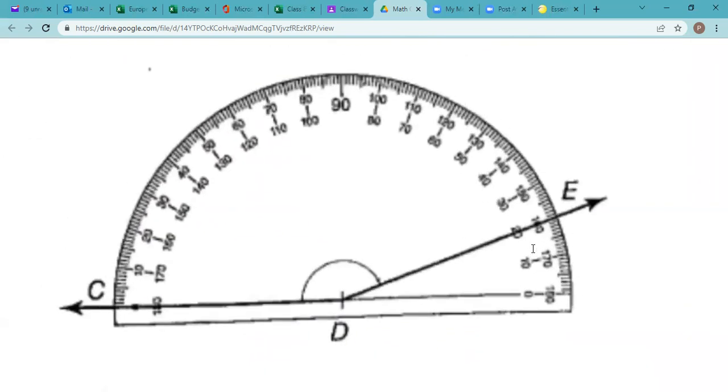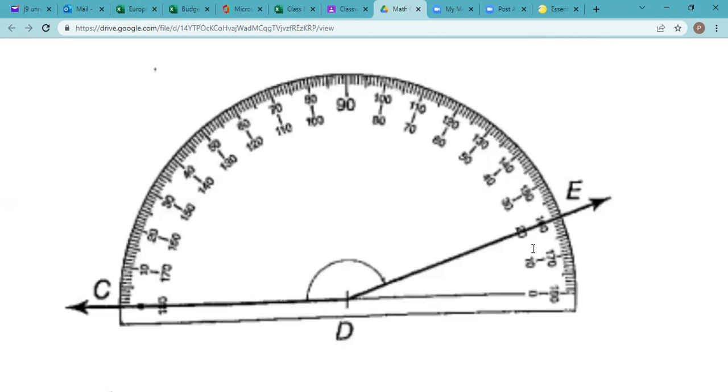Just by eyeing this, what type of angle is this? Well, it starts over here to the left where the C is. All right, so I know my zero's over here. And then my other leg or my other side is leaning really far back.